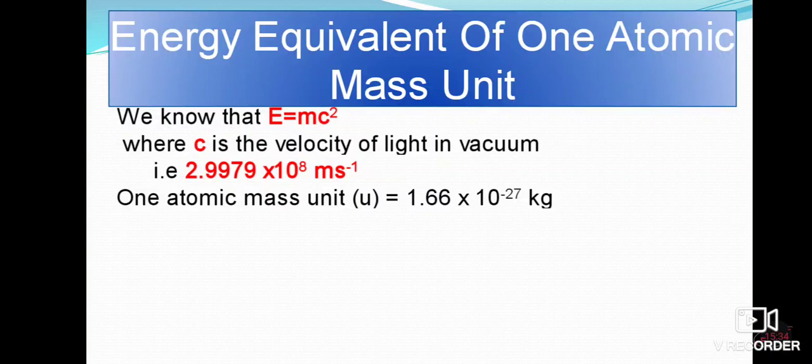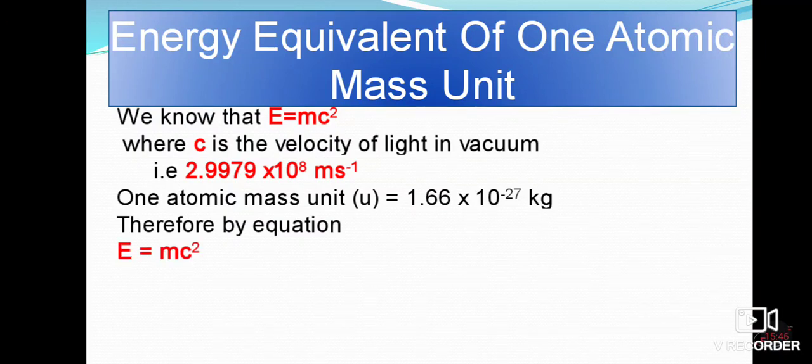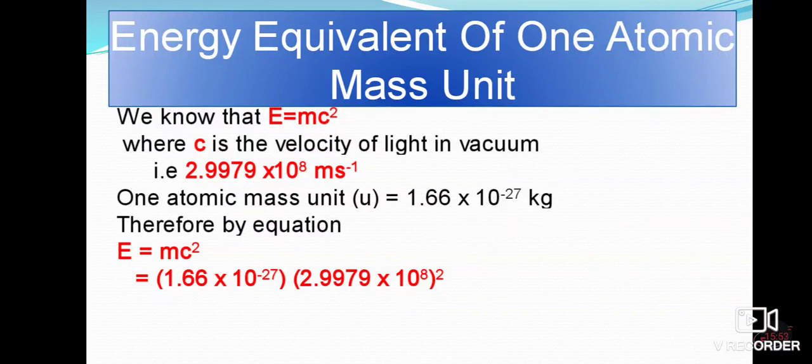Then 1 atomic mass unit, 1 u, is equal to 1.66 into 10 to the power of minus 27 kg. Therefore, E equals m c squared, where m is 1.66 into 10 to the power of minus 27, multiplied by c, 2.9979 into 10 to the power of 8, the whole squared.